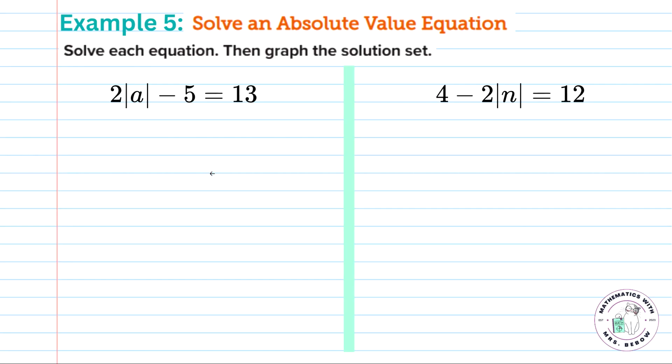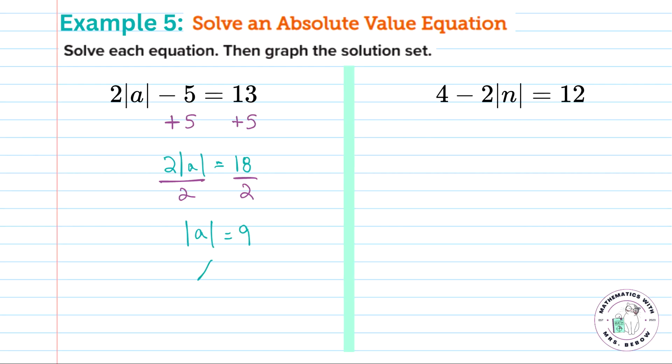Treating this as if it's a 2-step equation, we're going to add 5 to both sides. We end up with 2 absolute value of A equals 18. And then our last step is to divide both sides by 2. And we get the absolute value of A equals 9.